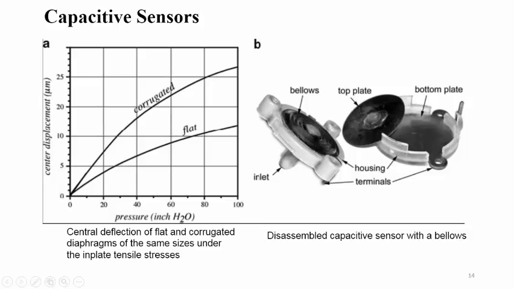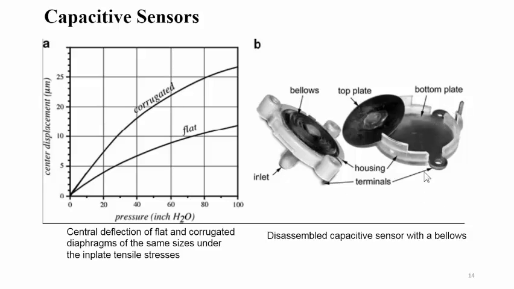You will find one bellows and the inlet where the pressure can be applied, and here you will find the two plates, top plate and bottom plate, and the device leads or terminals where the driver circuitry is connected, and the external housing for this mechanism.